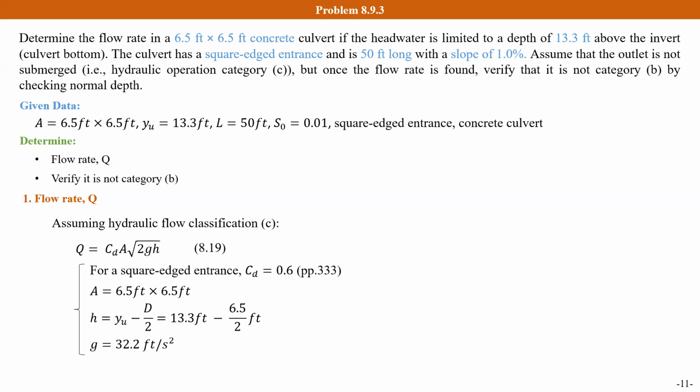We can calculate the head above the center of the pipe opening, H, by using the upstream water depth minus half of the diameter. After we bring these values into equation 8.19, we can get the flow rate. It equals 645 cubic feet per second.